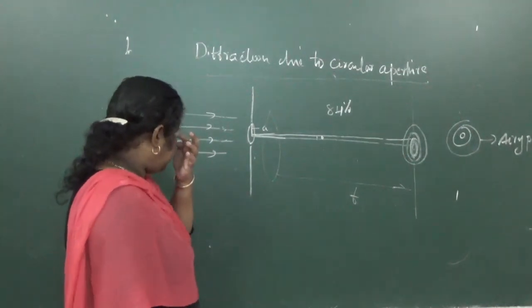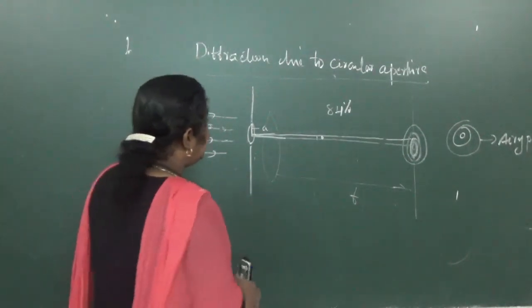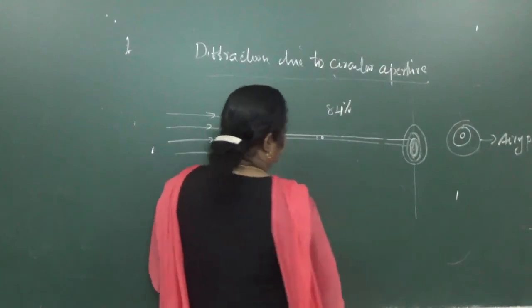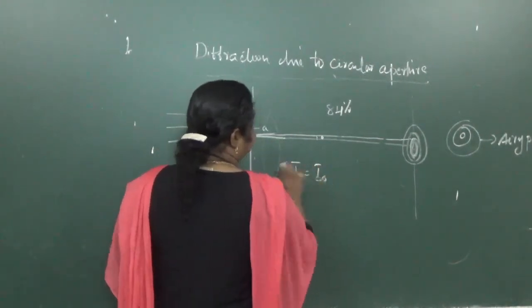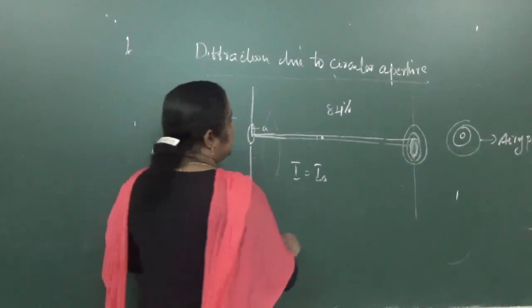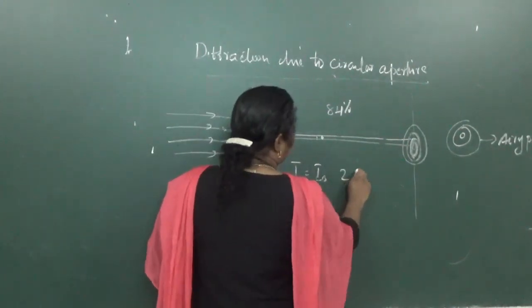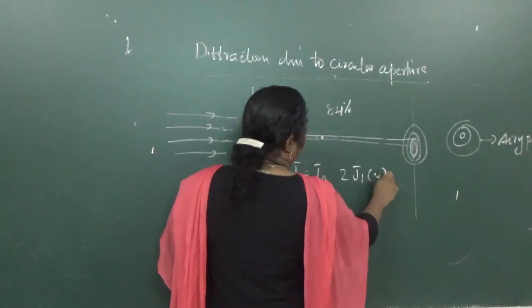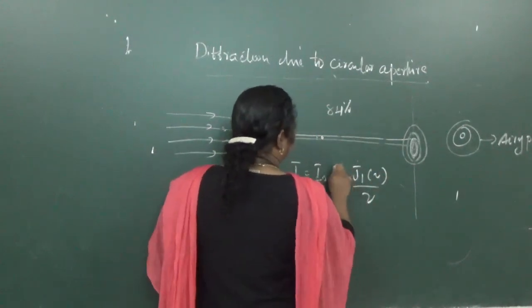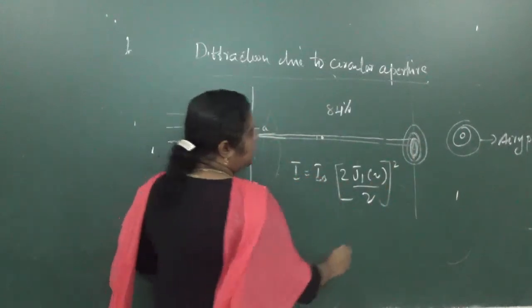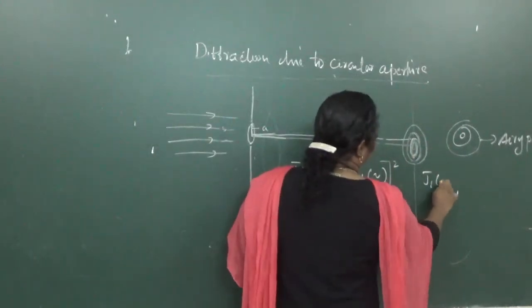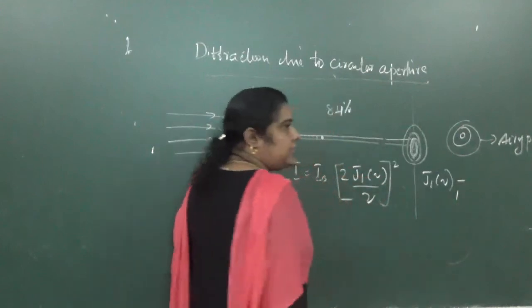Now the analysis also shows the intensity pattern at some angle theta is given by I equal to I0 times 2J1(nu) by nu, whole squared. Here J1(nu) is a special function.